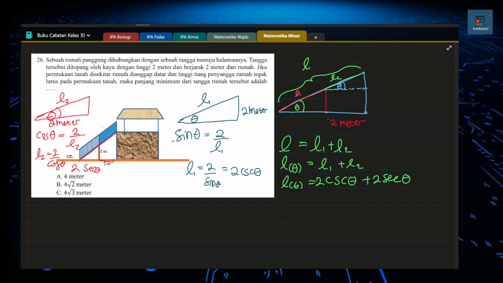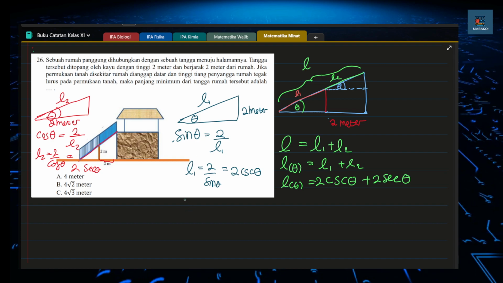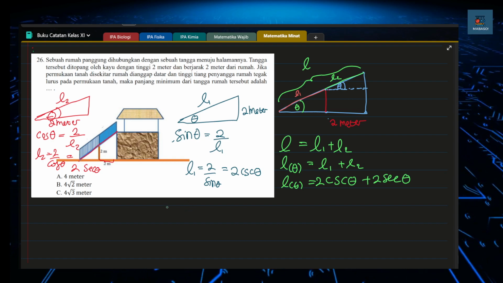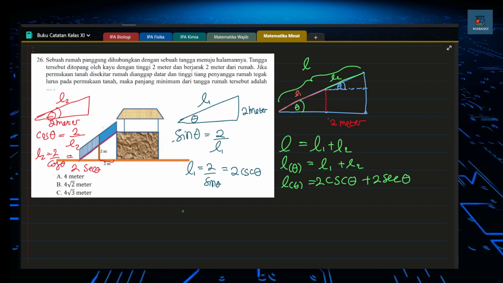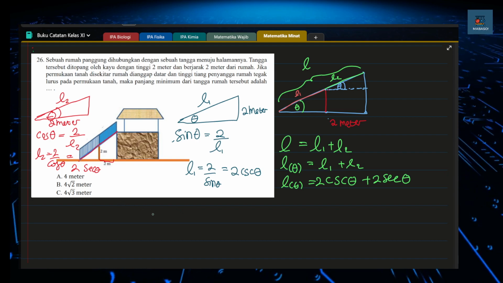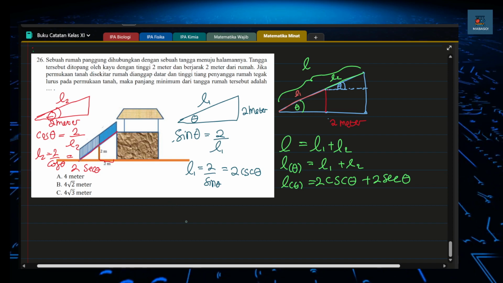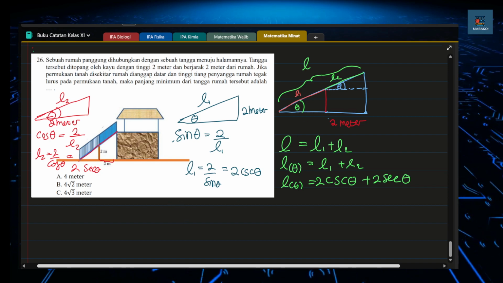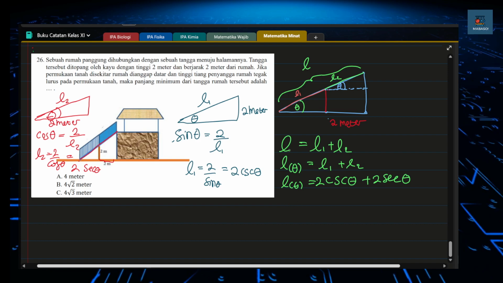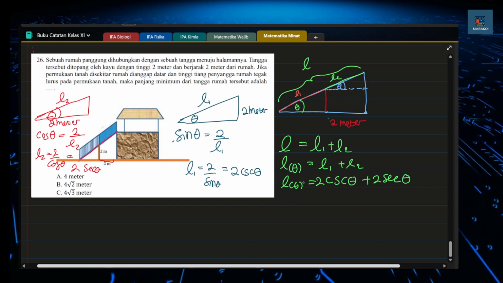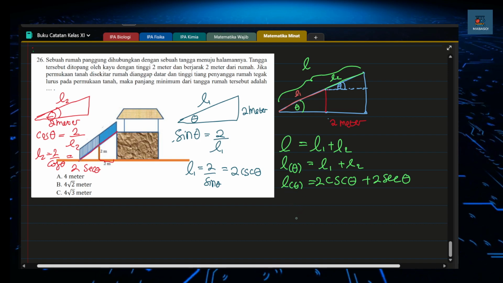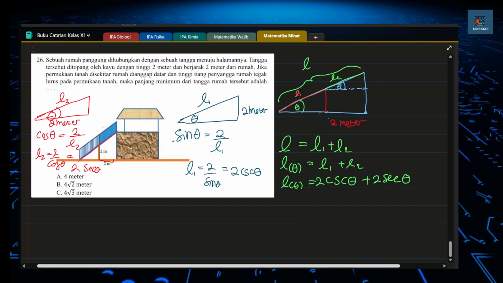You know that the method we use to get the minimum or maximum value of a function is to differentiate it with respect to the variable and set it equal to zero.